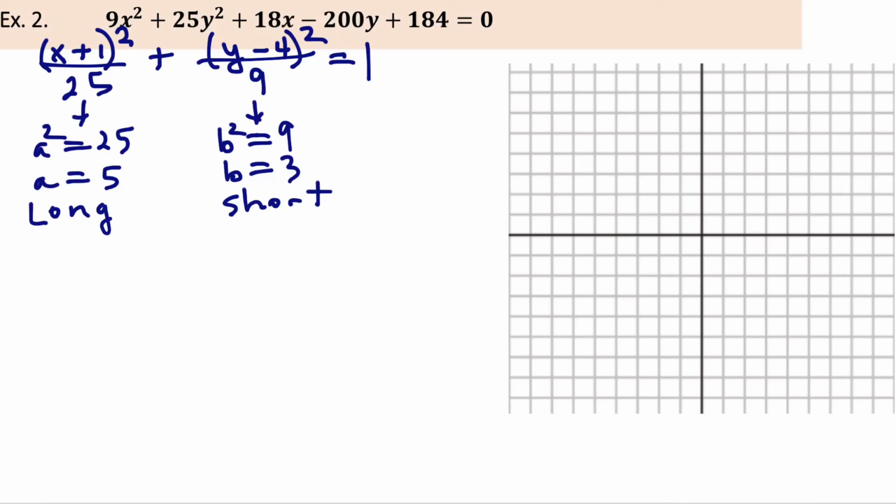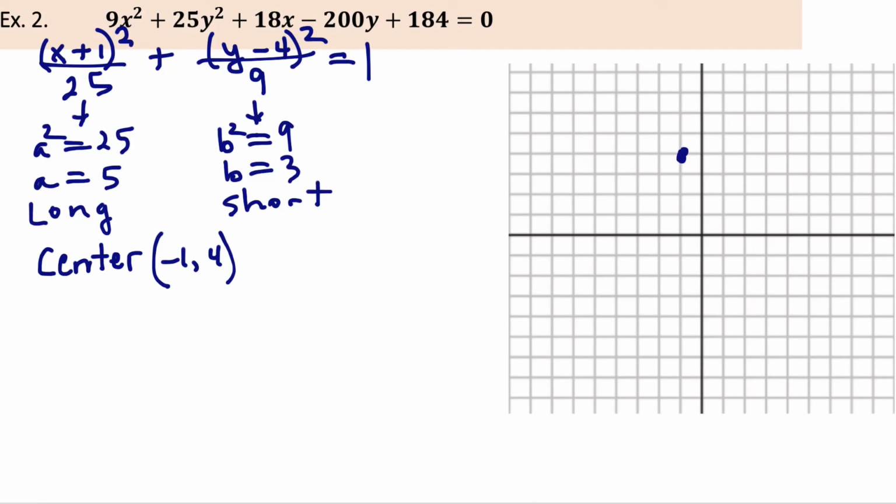So from my equation, I can write down my center. I get my center from the parentheses, opposite sign, so -1, 4. So putting that on my graph, here's my center.